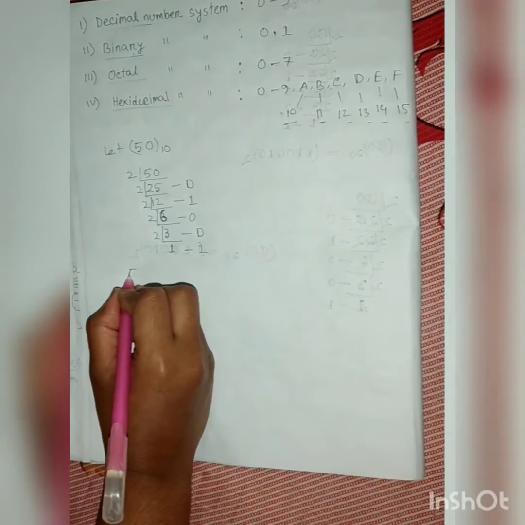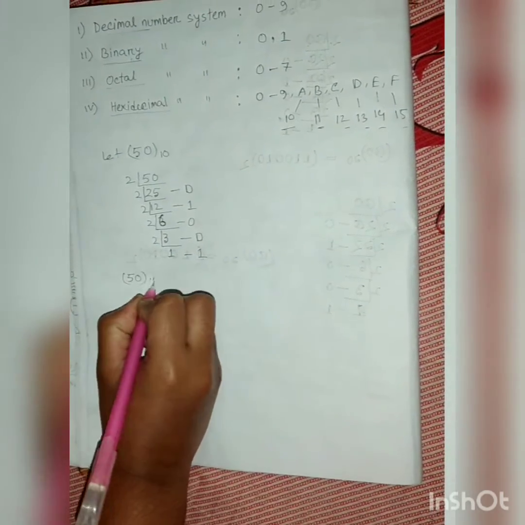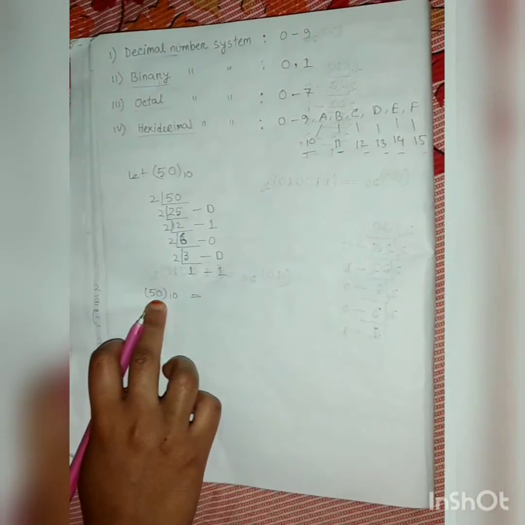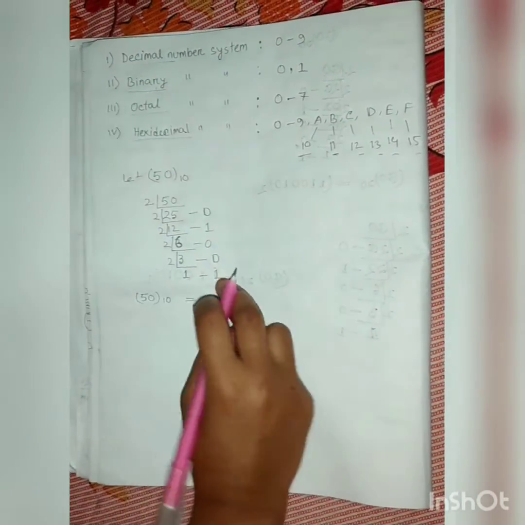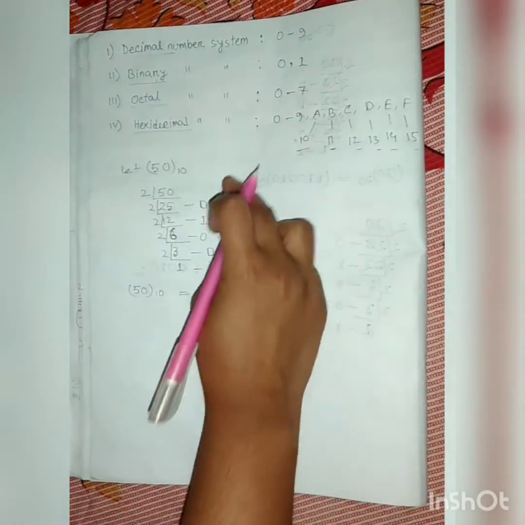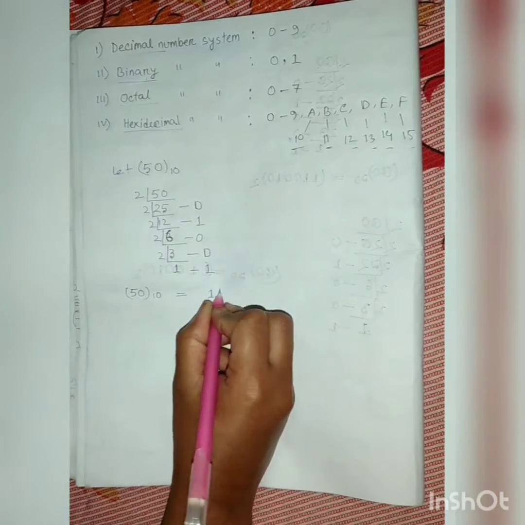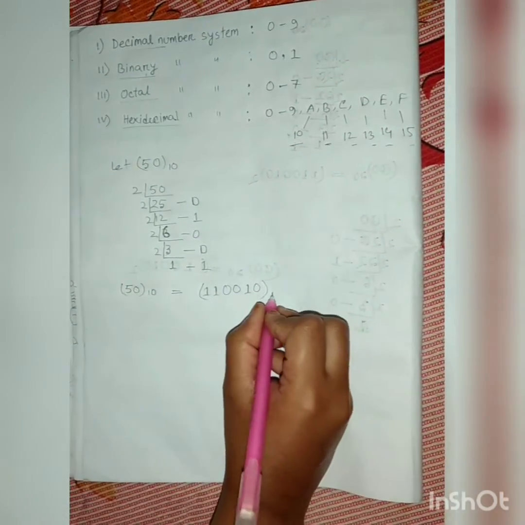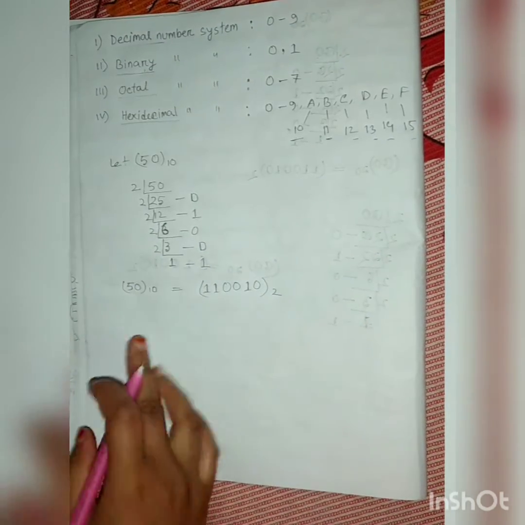So we can say that the binary number of 50 is 110010. We will take this number reversely. 110010. This is the binary of 50.